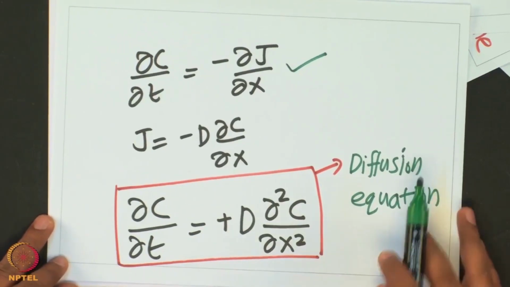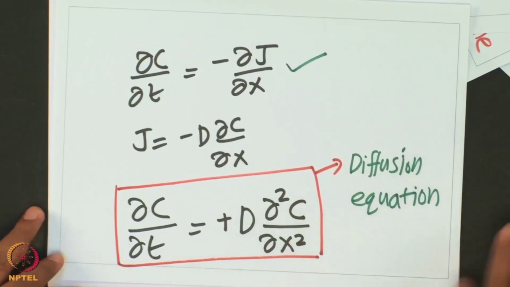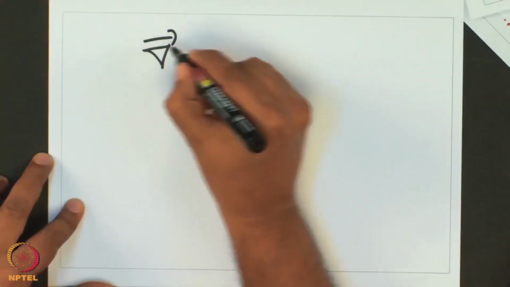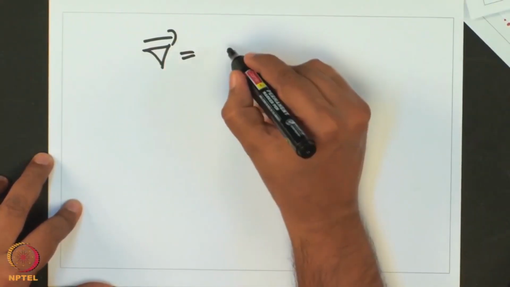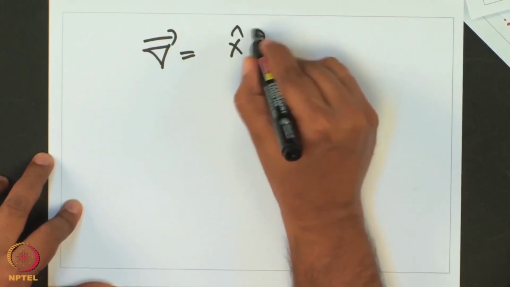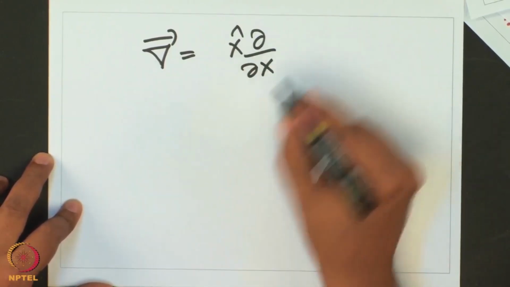I wanted to convey just one more thing. We discussed the magnitude, and I also wanted to talk about direction. So, in vector analysis, if you have two vectors, del is a vector. This del vector is x cap del by del x in one dimension.